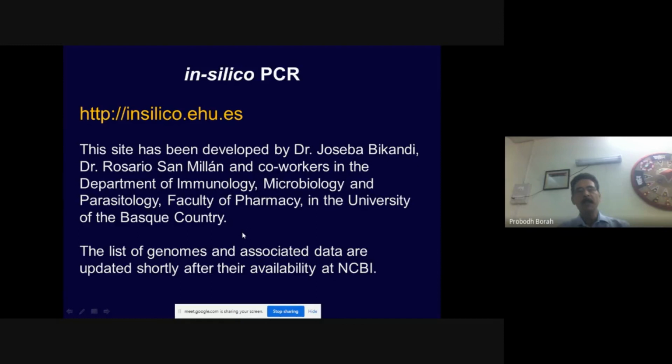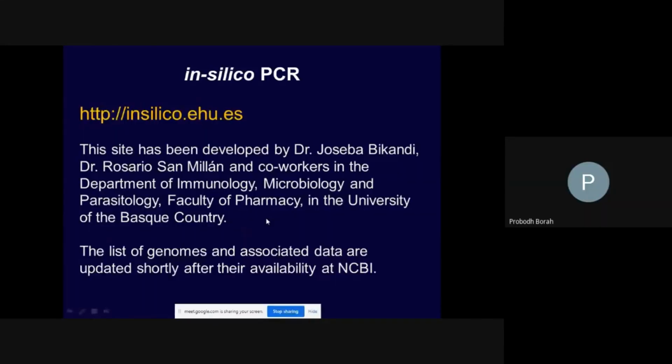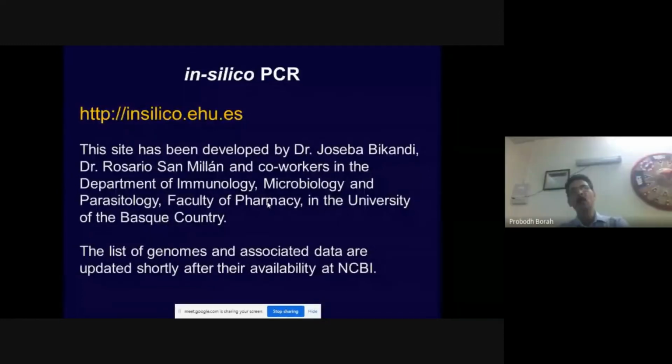It contains all the known genome sequences of different species of bacteria so far available in international databases. So they have embedded all the known genome sequences of all bacteria.